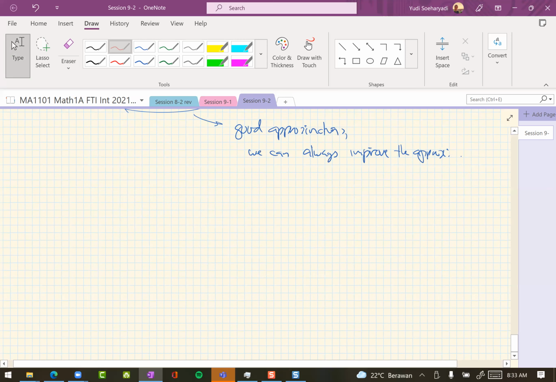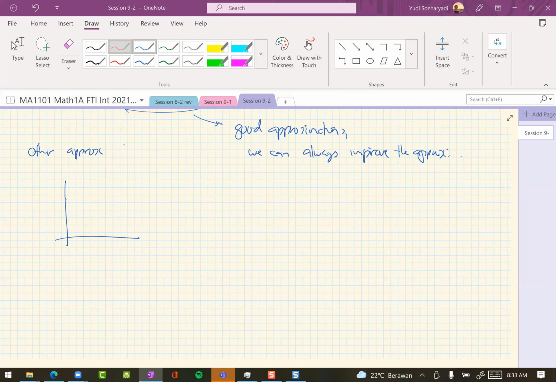So let's do something slightly better, not slightly better, but something easier. Okay. So let's make the divisions like this one. So something that we can recognize the formula, right? So like this. Other approximations. So this is the first approximation. A1 is 1.